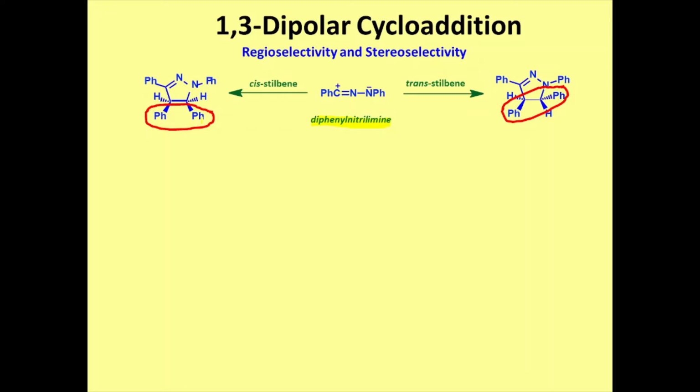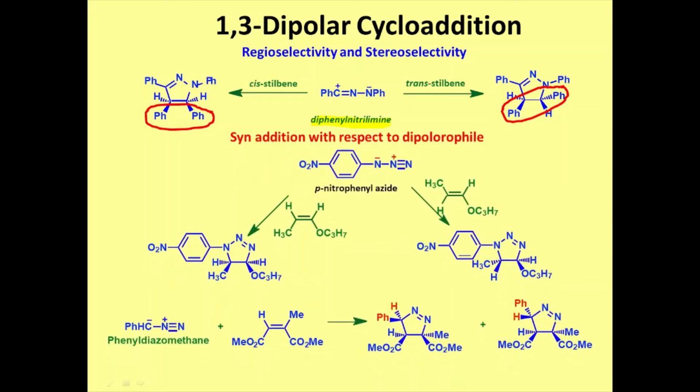Similarly, when diphenyl nitrile imine reacts with trans-stilbene, we get the 5-membered heterocyclic ring product with the phenyl rings in the trans orientation as well. That shows the reaction is stereospecific, and syn addition happens with respect to the dipolarophile.